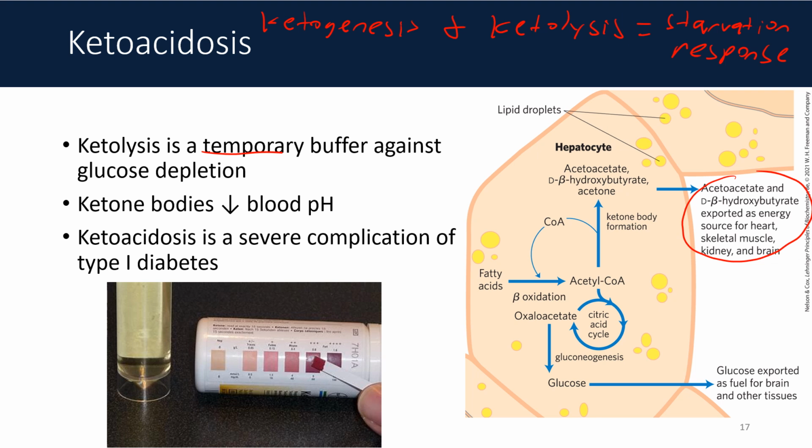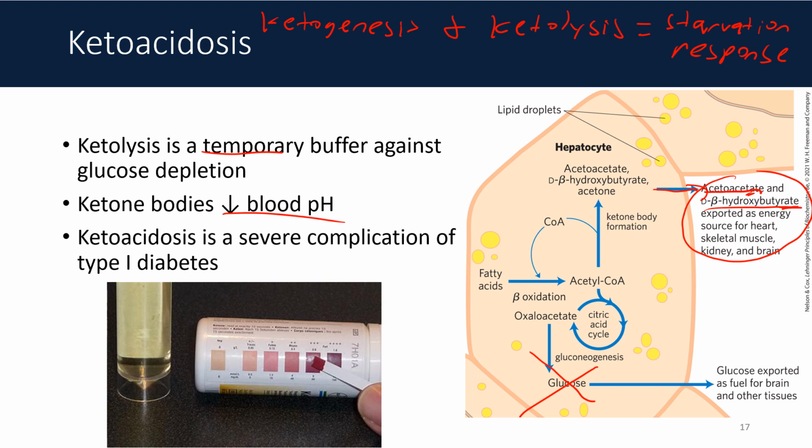Ketone bodies are actually organic acids, acetoacetates, D-beta hydroxybutyrates. So when the liver pumps these compounds out because we've run out of glucose, what's that going to do? It's going to cause your blood pH to drop.